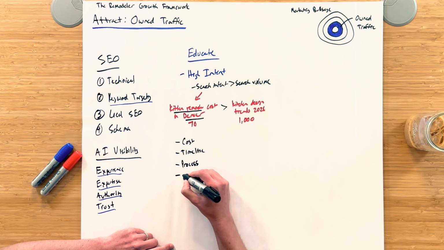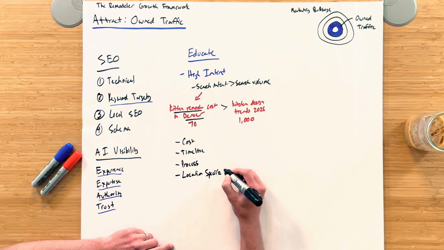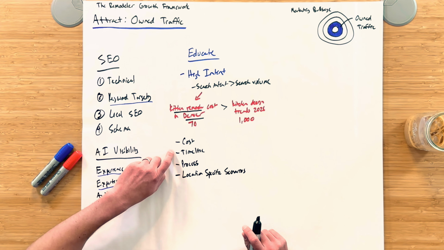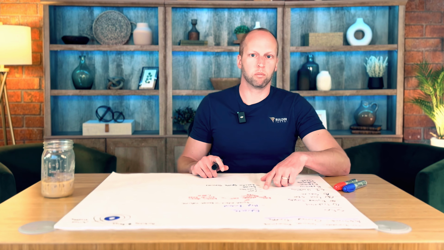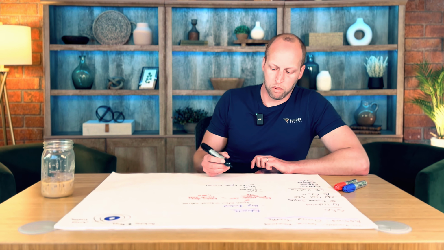And then we want location specific scenarios. And again, that can apply to cost, that can apply to timeline. In certain cities, counties, states, things can take longer, like the permitting process or anything like that. And so we want to be able to talk about these.